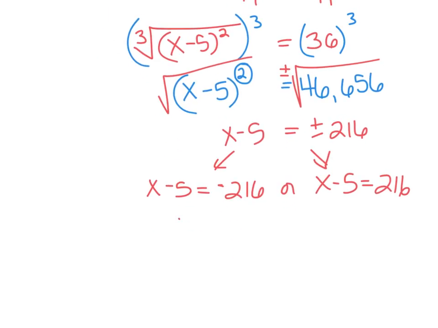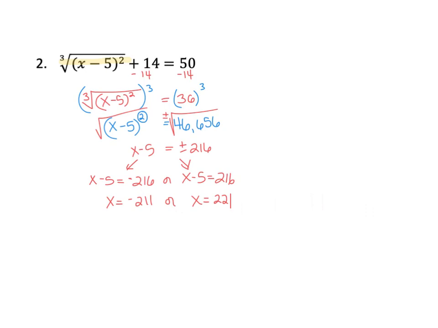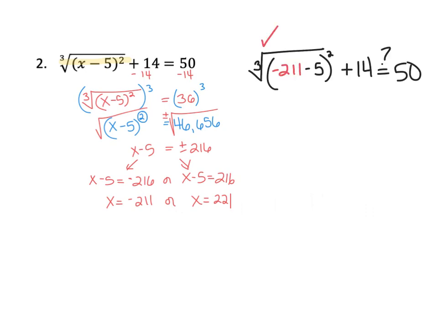So I'm just going to add 5 to both sides, and I get x equals negative 211 or x equals 221. Now, I do need to check both of these to see if either one is an extraneous solution.